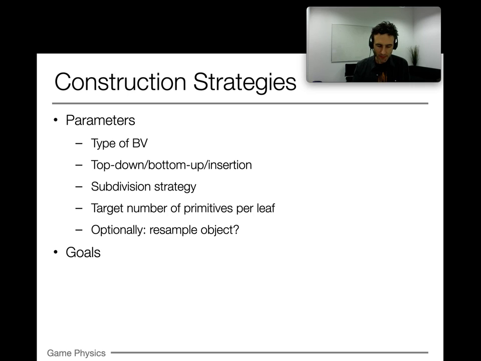The main goal is that we'd ideally like to have a balanced tree. The shallower the tree is, the more we get out of it in terms of the complexity necessary to traverse the tree.